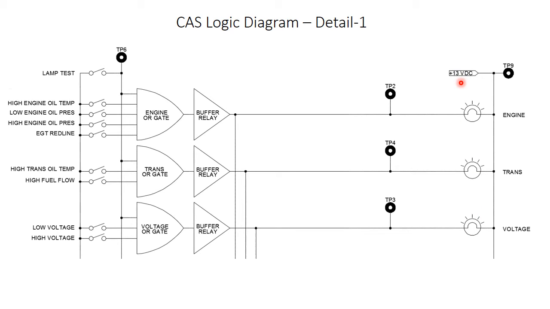So it tests all the wiring, all the input circuitry, all the relays, all the indicator lights. So you would typically push that lamp test during your pre-flight, and that would ensure that the circuit was operating properly and that all of your indicators were functioning. Notice also that each one of these channels has an output heading down this way. Now let's see where that goes.